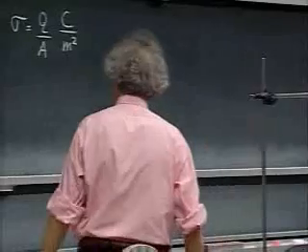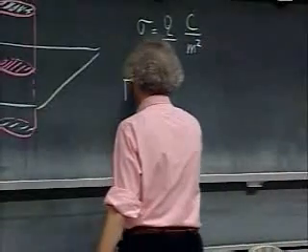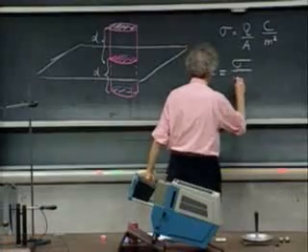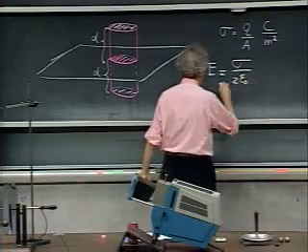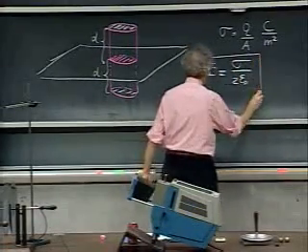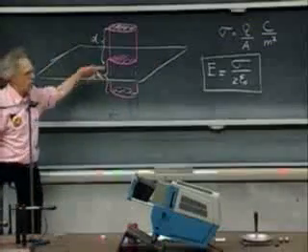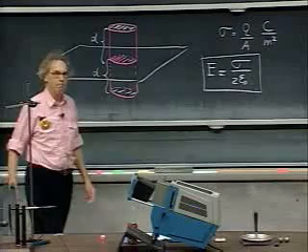You'll work on that, and you will find, perhaps to your amazement, that the electric field equals sigma divided by 2 epsilon 0, and that it is independent of how far you are from that plane. Whether you're very far away or whether you're close, it's the same.